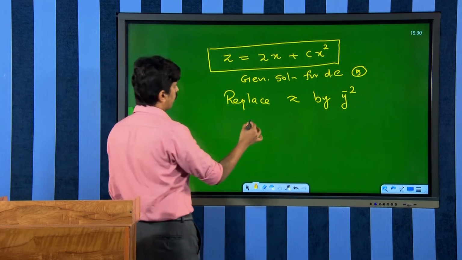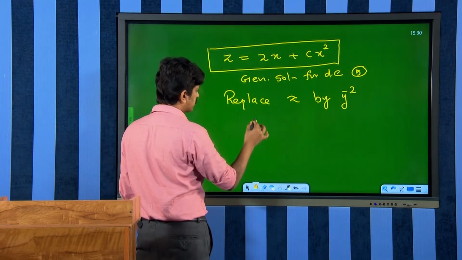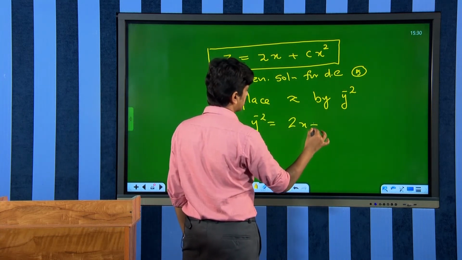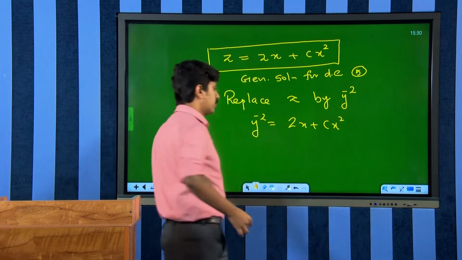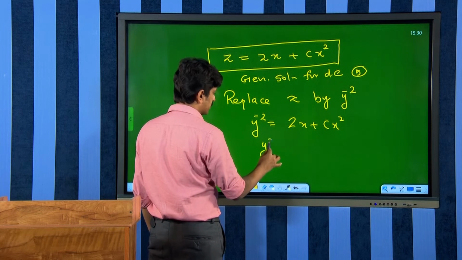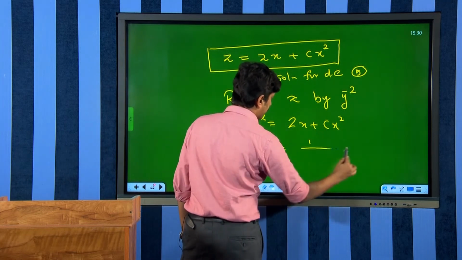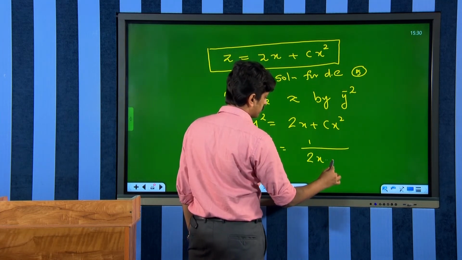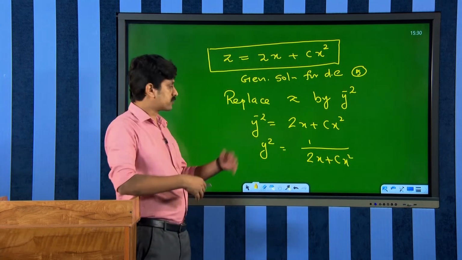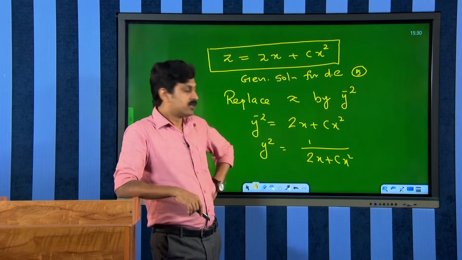So y raised to minus 2 is equal to 2x plus cx square. So y square is equal to 1 by 2x plus cx square. So we took the reciprocal on both sides.